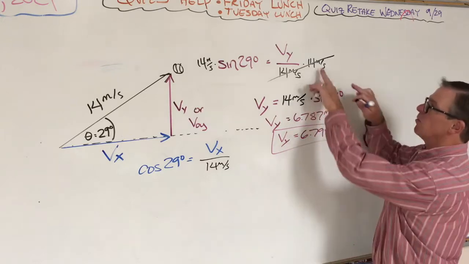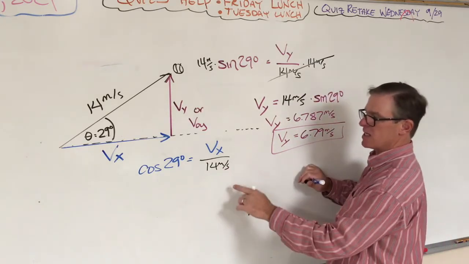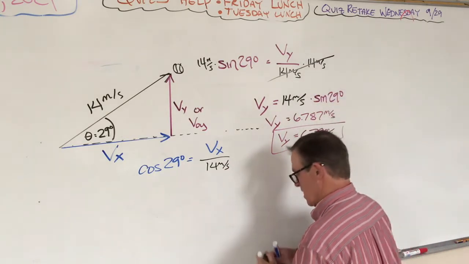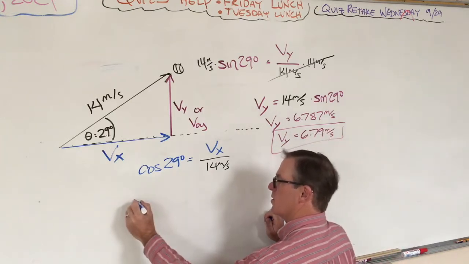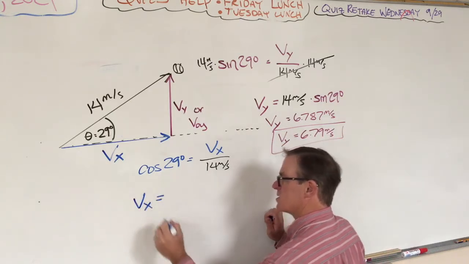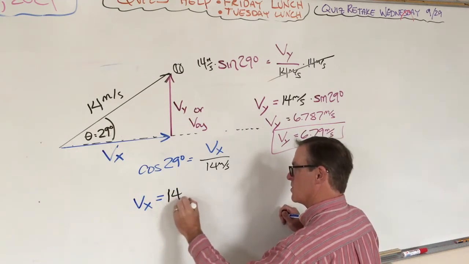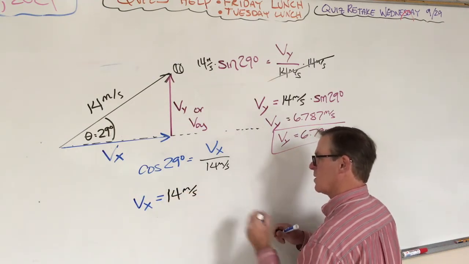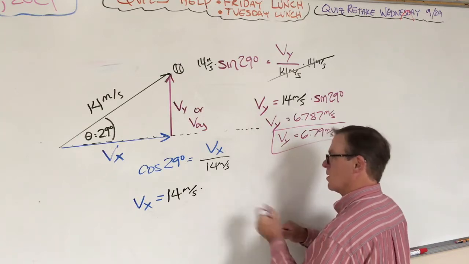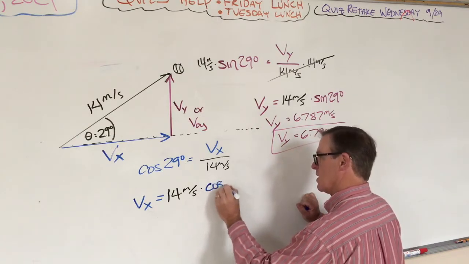Just like we did before, multiplying both sides by 14 gives us Vx, the x component of the velocity, is equal to 14 meters per second times the cosine of 29.